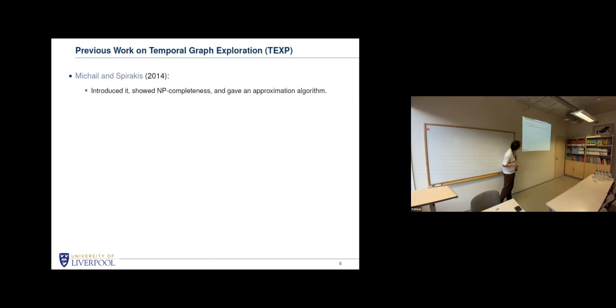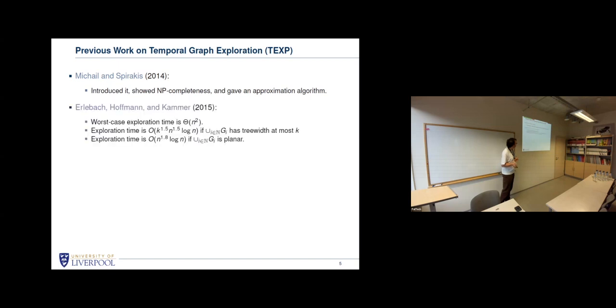Okay, so there's some previous work on this. The problem was introduced by Michail and Spirakis. If I've missed anything off here, sorry, this is a brief summary where I've just picked choice points. As I showed, it was NP-complete to compute the shortest walk that explores everything, and they gave some approximations. Erlebach, Hoffmann, and Kammer showed that in the worst case, you can explore any temporal graph, which again is connected at each time step, something we'll assume throughout the entire talk, in n squared time.